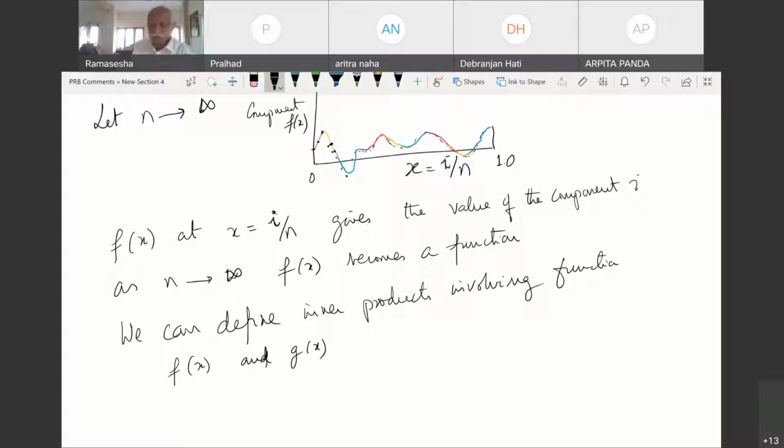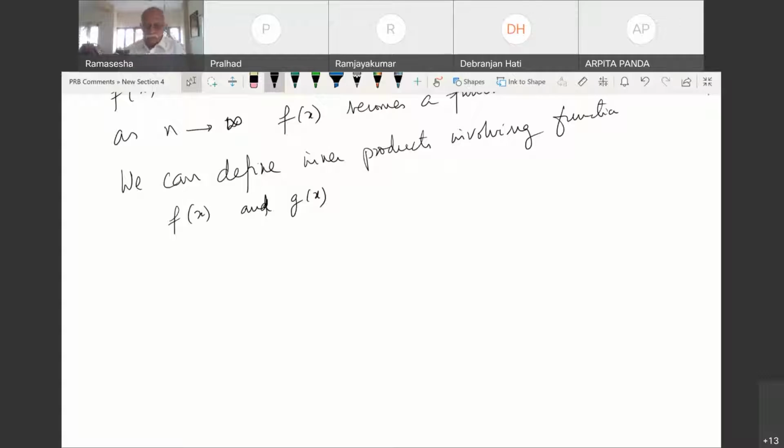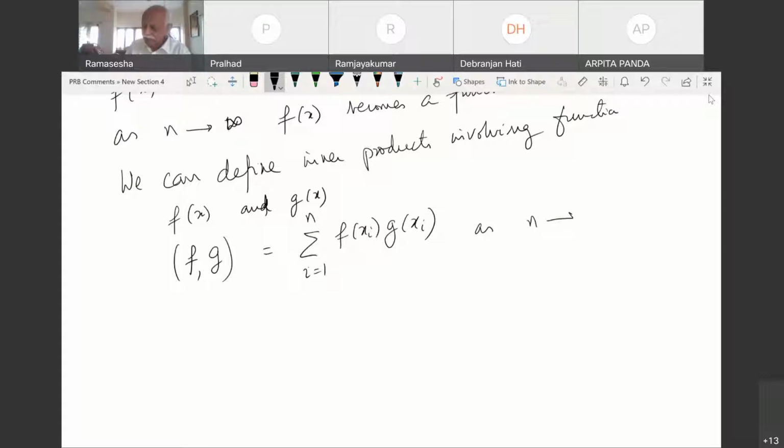Then the inner product f comma g can be the sum over I of f(xi) g(xi), or as I goes from 1 to n, as n tends to infinity, this can actually be written as the integral of f(x) g(x) dx. Okay, f(x) are real functions.